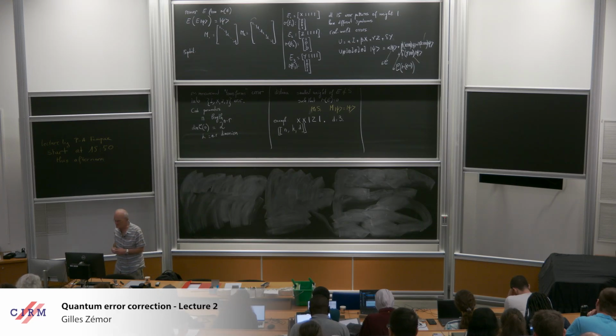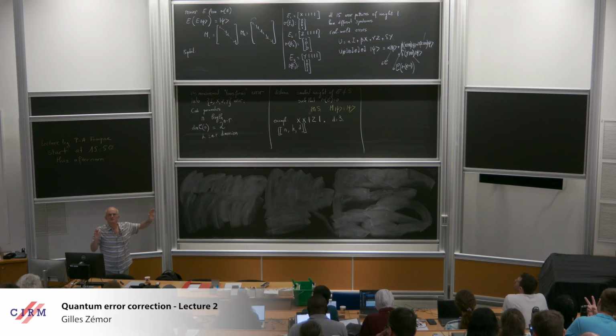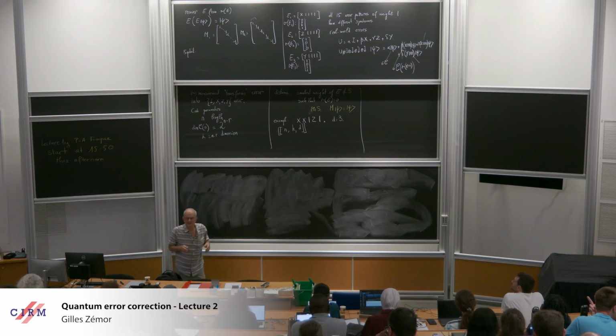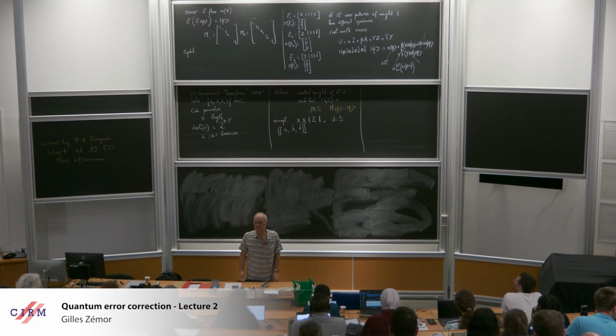In practice, these general stabilizer codes can be pretty challenging to construct. Okay, 5 qubits, you can explore everything there is to explore and find this code, figure out which are the best.